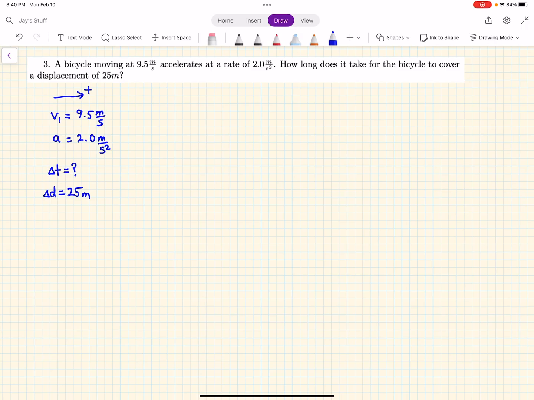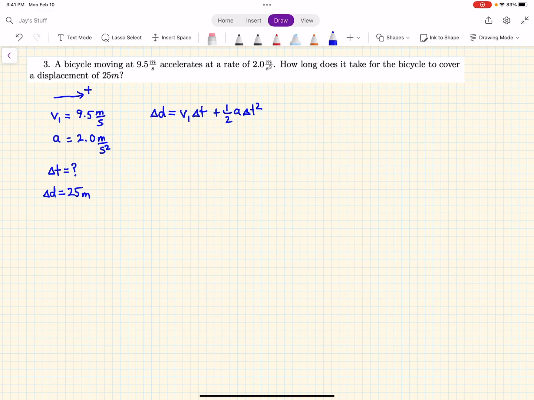So we need to find one of our kinematics equations that has these four variables in it. So we can use this one. Delta d equals v1 delta t plus 1/2 a delta t squared.